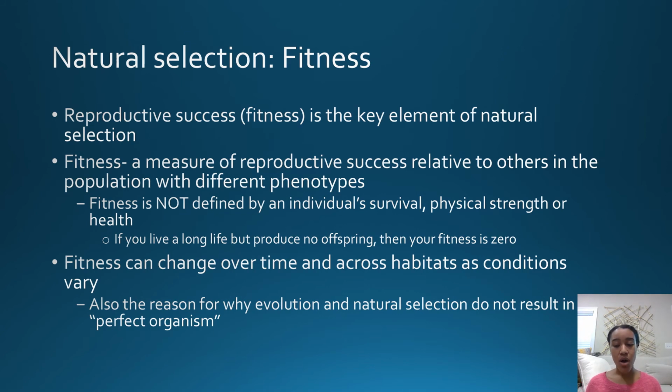So if you are a white bunny rabbit in the Arctic, you're probably more fit than a brown bunny rabbit in the Arctic, right? Because if you're a white bunny rabbit, you're more able to be camouflaged. That means you're less likely to be eaten by a predator, and you have a better chance at reproducing and producing offspring than a brown rabbit in the Arctic that is more easily seen.